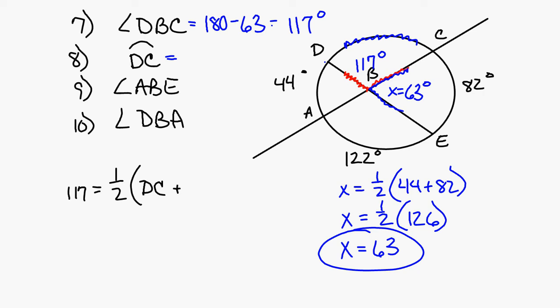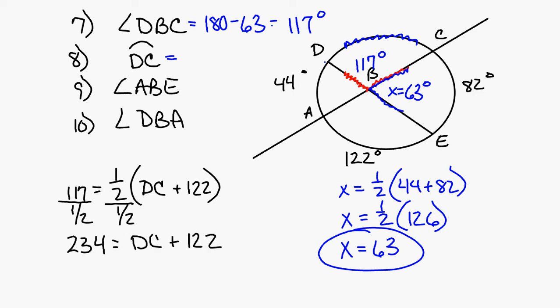So if you divide both sides by 1/2, then 117 times 2 is 234, which equals DC plus 122. And you can subtract 122 from each side. So 234 minus 122 is 112. So 112 equals DC. Arc DC is equal to 112 degrees.